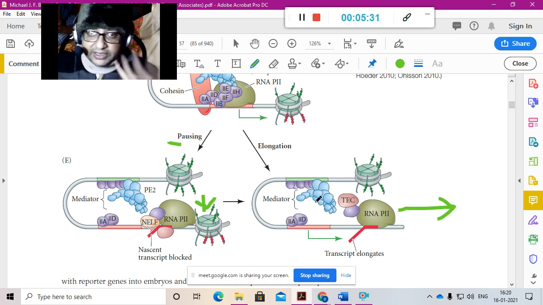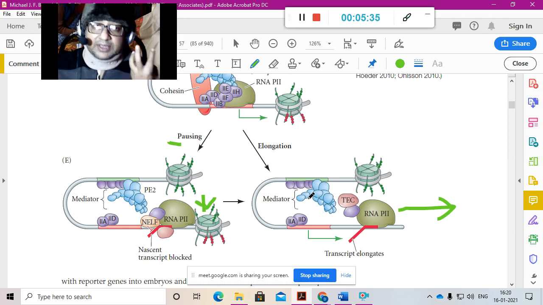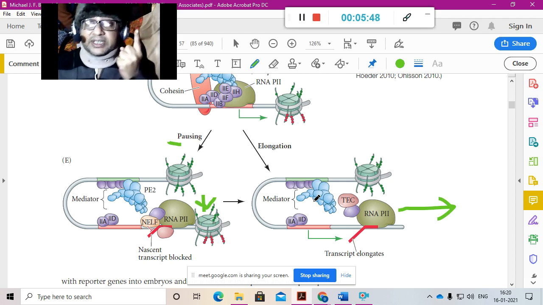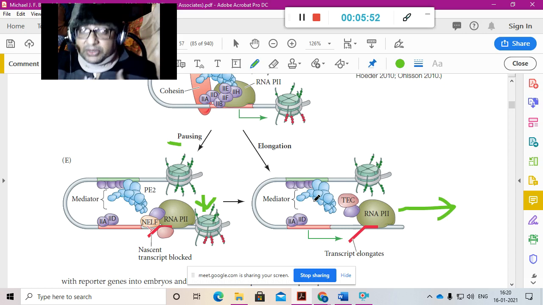Depending on the cell type, possibly these enhanceosome complex factors are not expressed, and so this particular gene is not expressed in that cell type, but in another cell type it is expressed. So this is how differential gene expression is created.